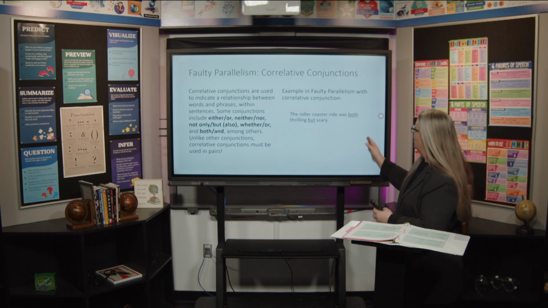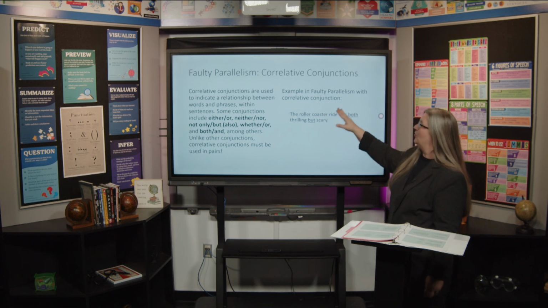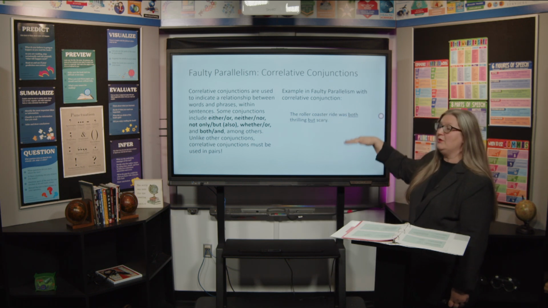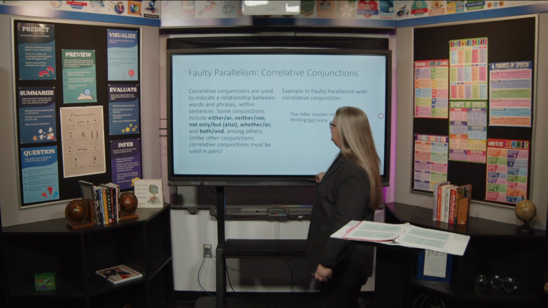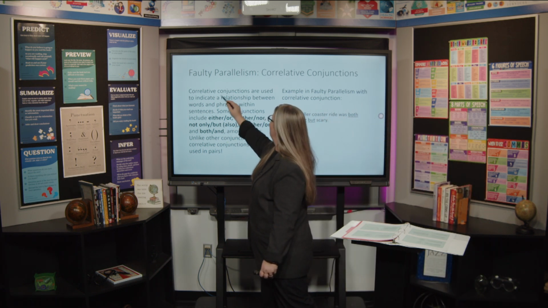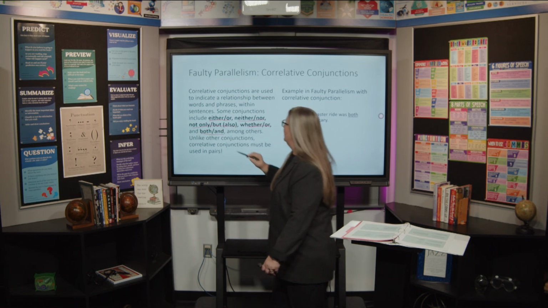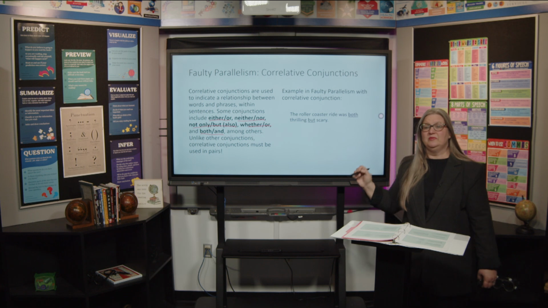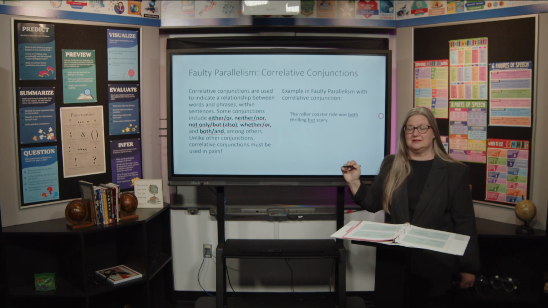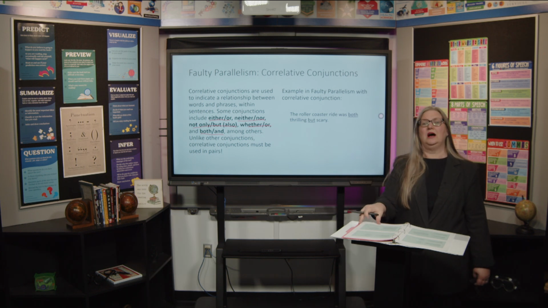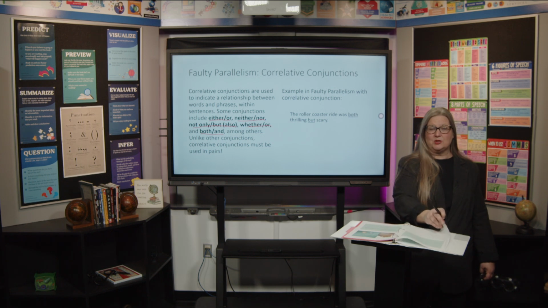And so here you've got correlative conjunctions and what they're used for. You will always see these in pairs. Correlative conjunctions would always be used in pairs. If you see those, study what that pair is, and make sure that you complete that particular pattern.